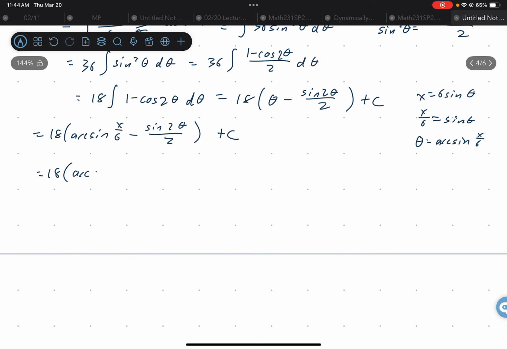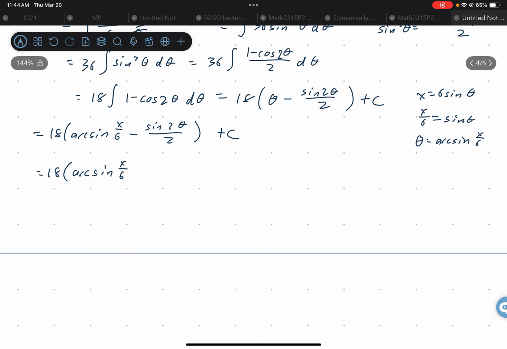But let's just keep writing this: 18 times arc sine of x over 6 minus sine of 2 times arc sine of x over 6, over 2.